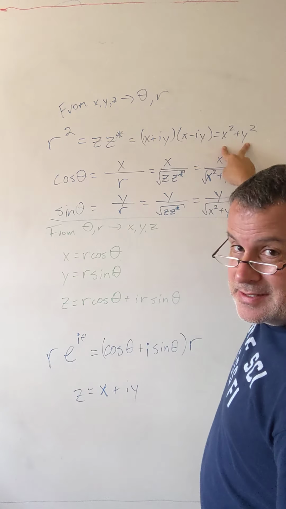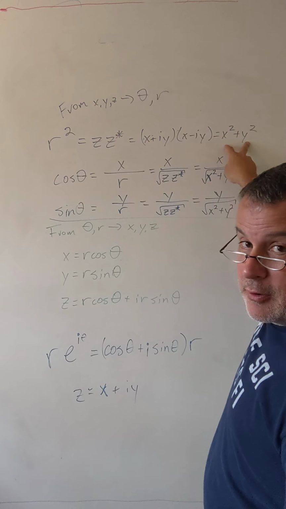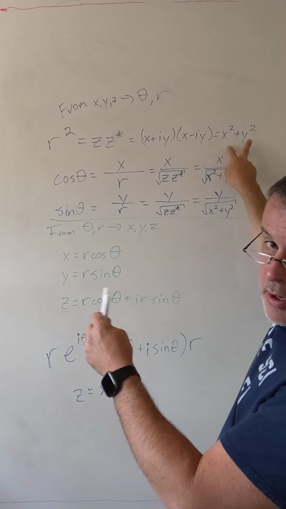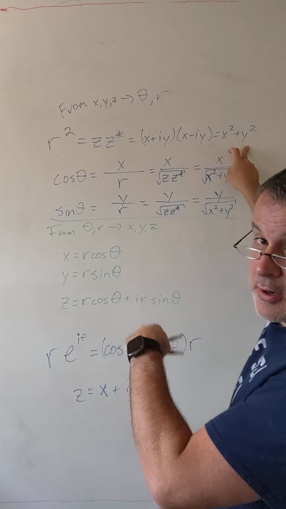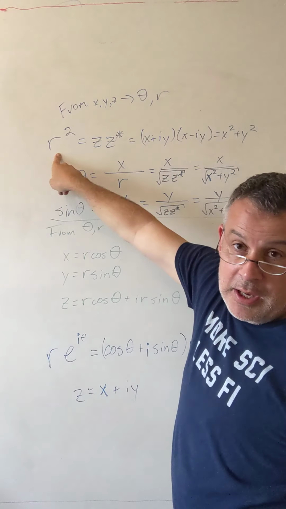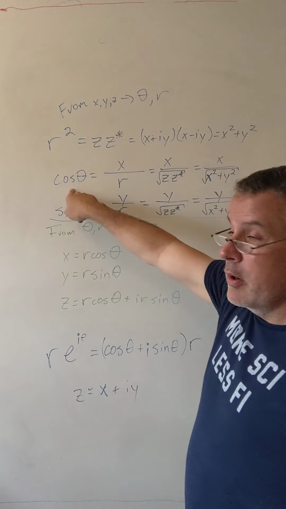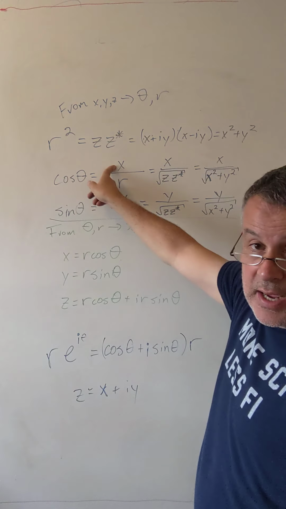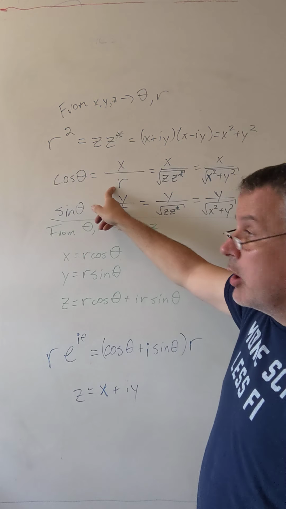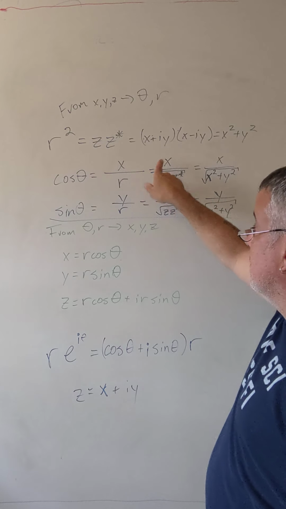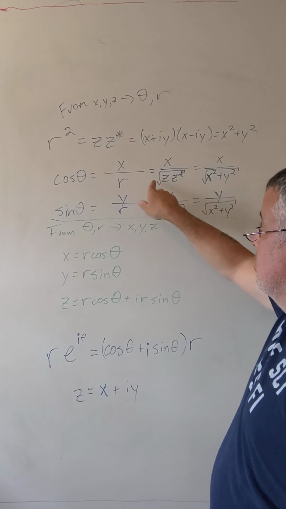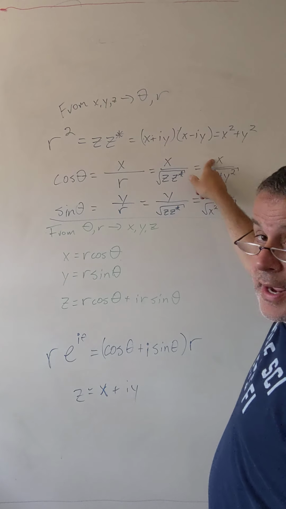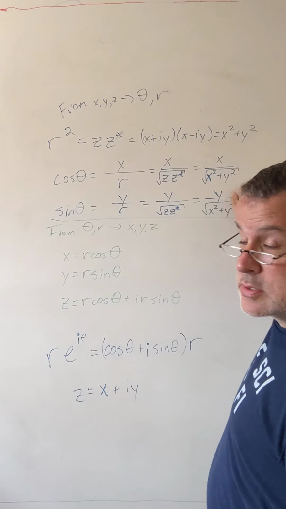This makes sense because that's just Pythagorean theorem hiding in there, that you take the real distance along the real axis squared plus the distance along the imaginary axis squared, and that gives you the hypotenuse squared. Cool. Okay, cosine, adjacent over the hypotenuse. The adjacent part is just the x. The hypotenuse is r. But r squared, we already said, was z times z star, so x over the square root of z times z star, or x over the square root of x squared plus y squared.